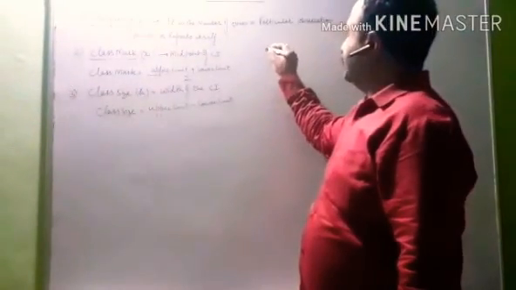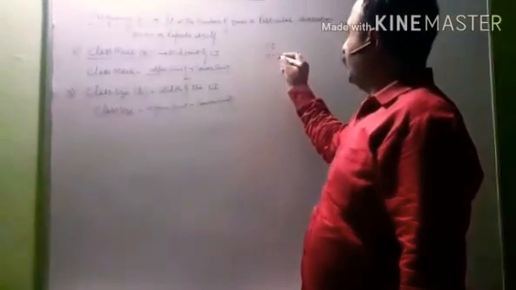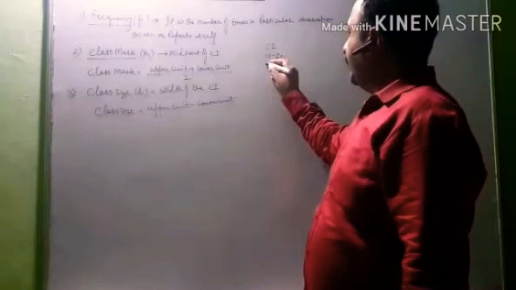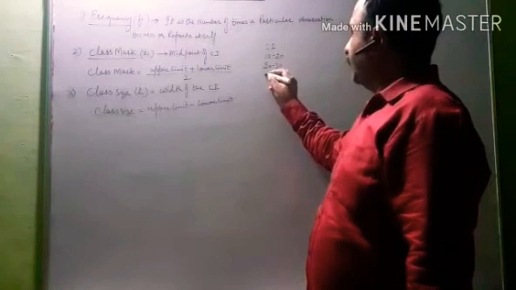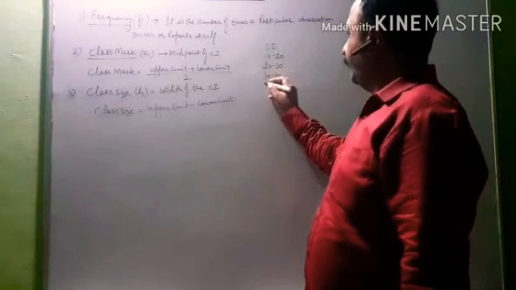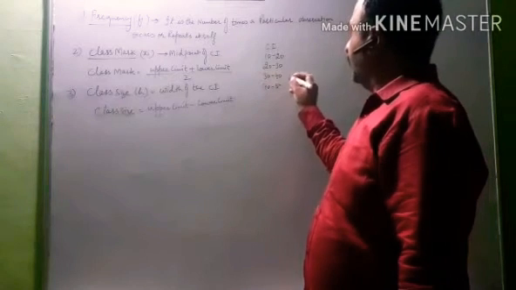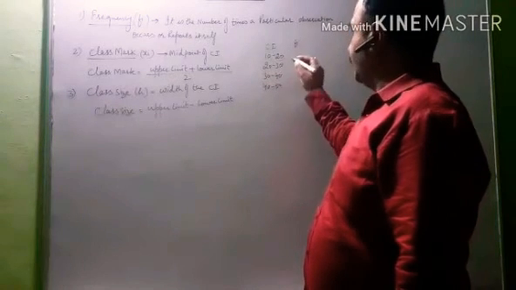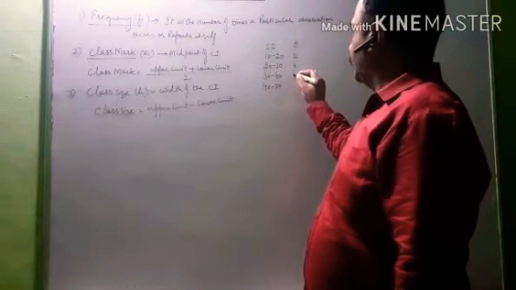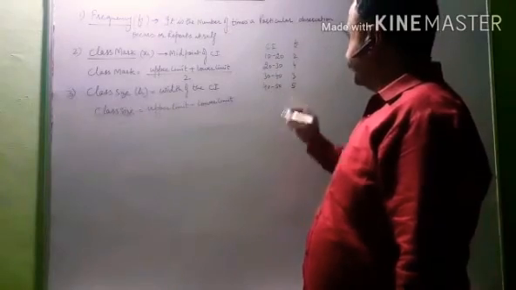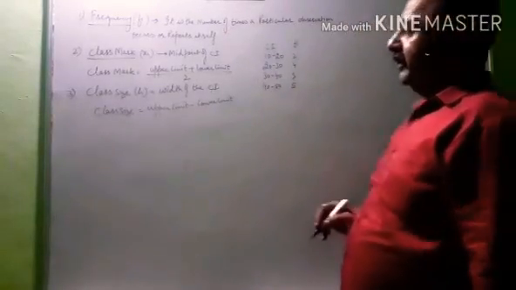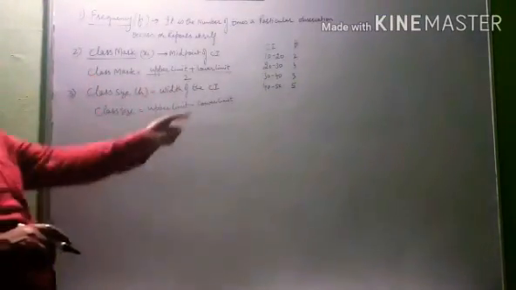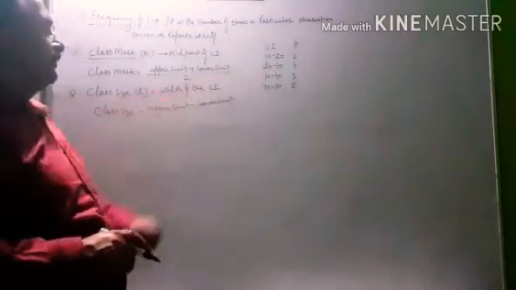The class intervals are 10 to 20, 20 to 30, 30 to 40, 40 to 50, and its frequencies are given as 2, 4, 3, 5. Now suppose I want to calculate the class mark of the second interval.